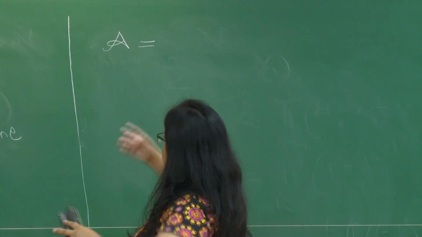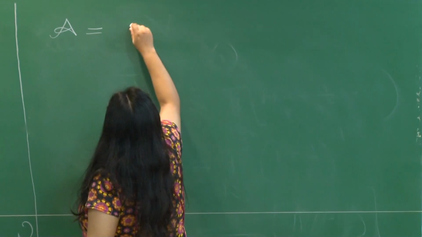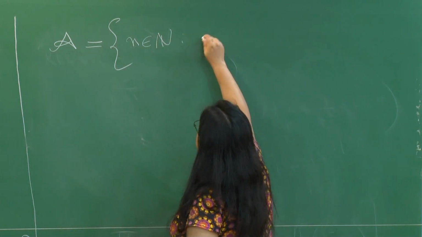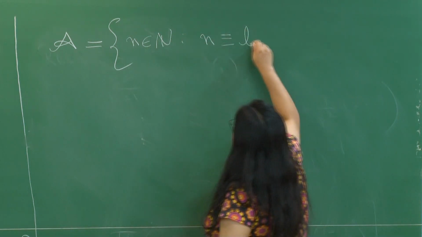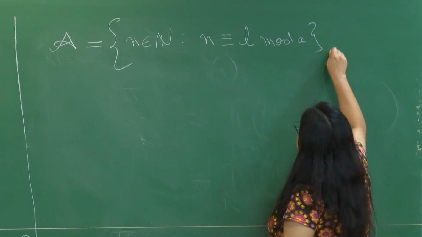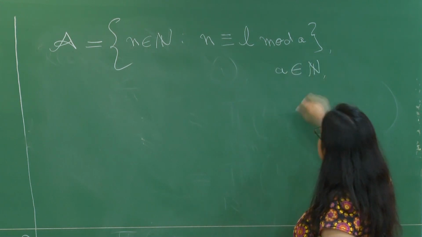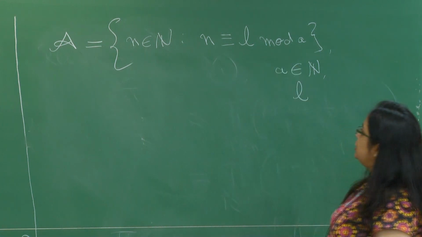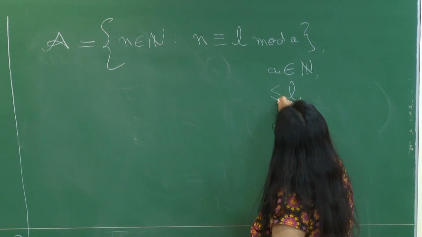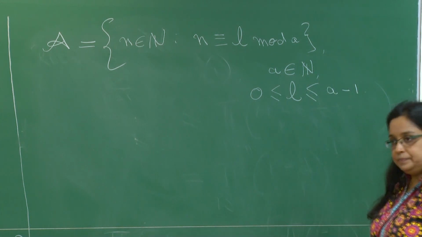Let us consider arithmetic progressions. So, let us consider all the n in the set of natural numbers such that n is congruent to some L mod A, where A is some fixed natural number, and L could be any natural number, but we are going to reduce it modulo A to between 0 and A minus 1.